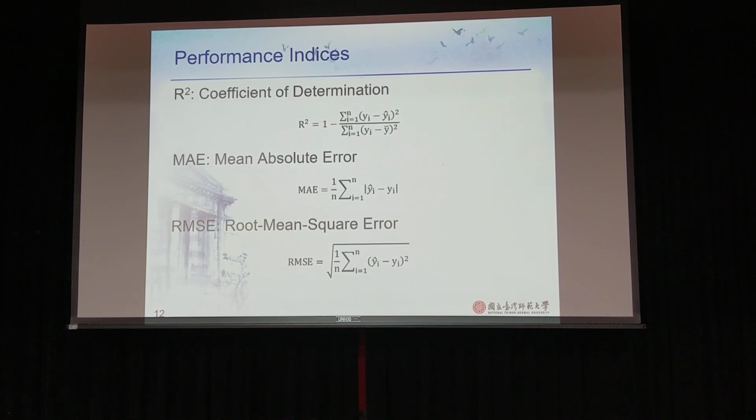And then is the performance index we use to evaluate the result of training. The R square reflects the fitting effect of the model, and mean absolute error computes the mean absolute error between the true and predicted values, and the root mean square error highlights the impact of abnormal values.